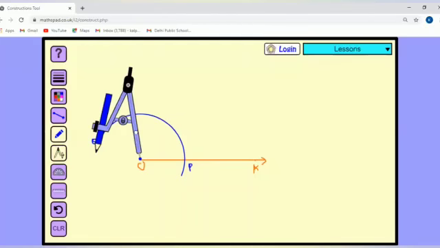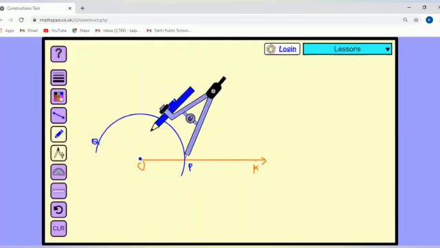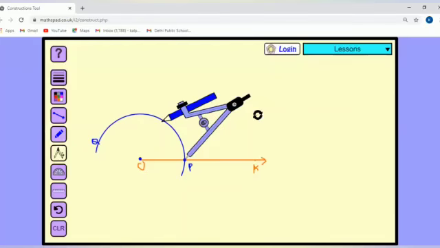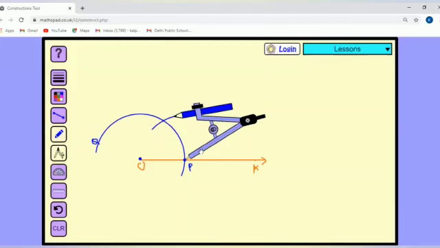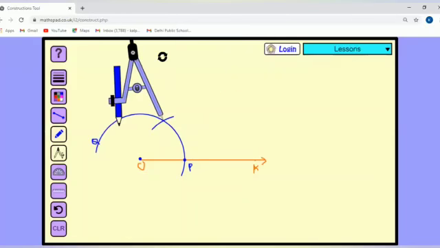Now with the same radius, taking P as center, first it is 60 degrees, we need 90. Next we construct another 60 degrees, which gives 120 degrees. That is 60 plus 60, 120 degrees, but we need 90.